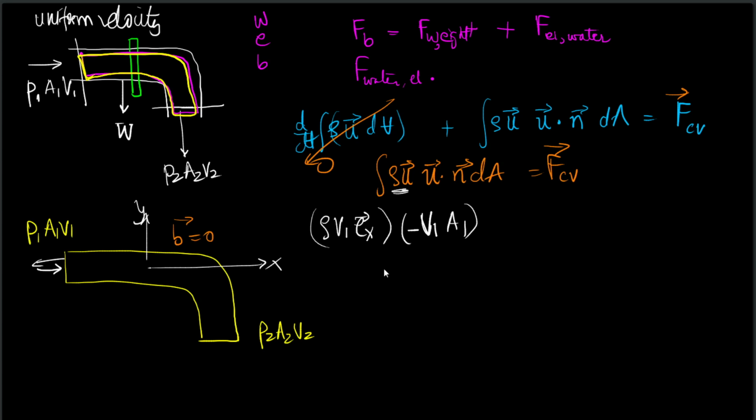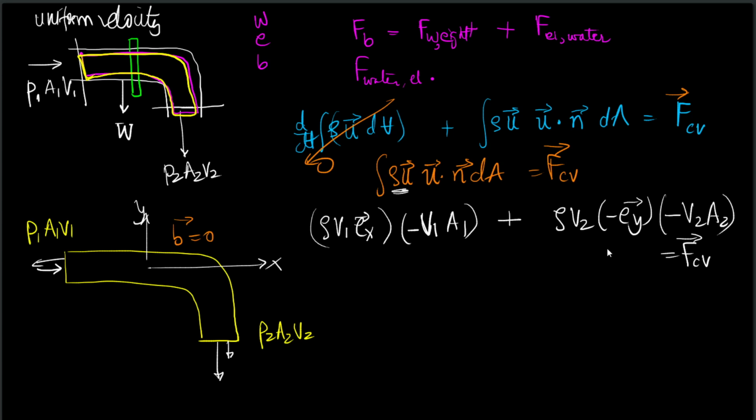Plus, what is the flux coming out? It will be rho v2 ey, the velocity is in this direction and the normal vector is also in this direction, so this will be v2 A2, and the right side will be all the forces acting on the control volume.